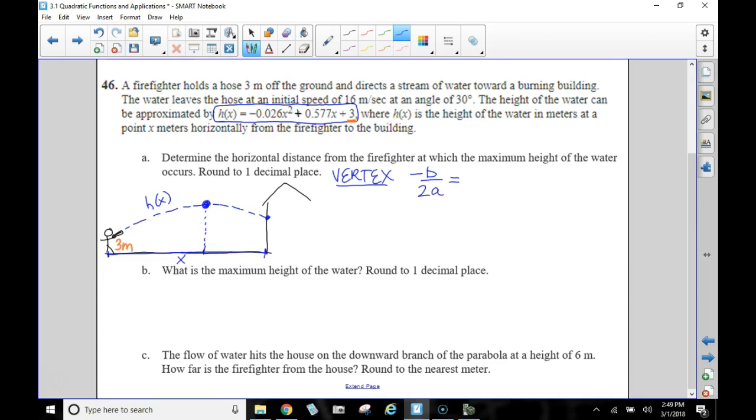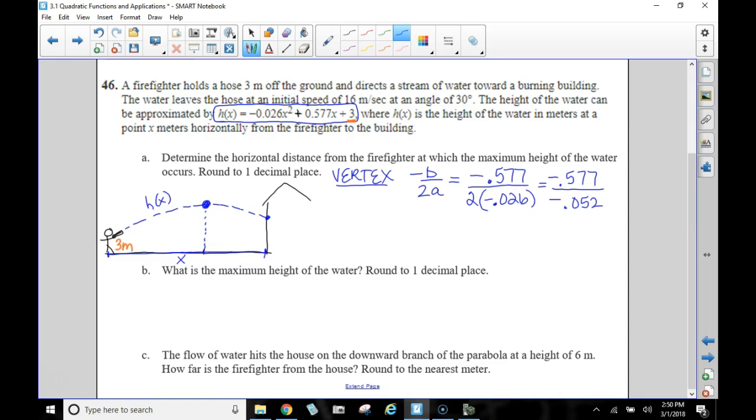So, using our h of x model up above, negative b is negative 0.577 divided by 2 times the a value of negative 0.026. So that's going to be negative 0.577 divided by negative 0.052, when we multiply.